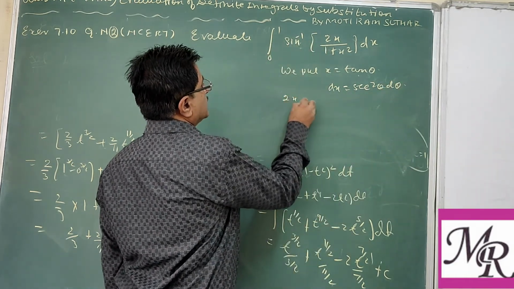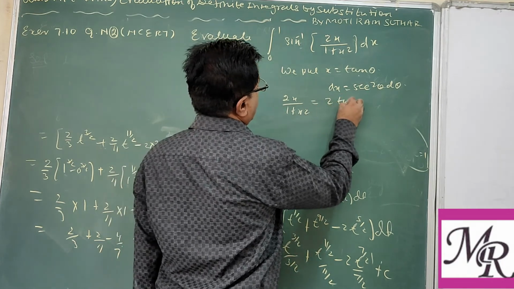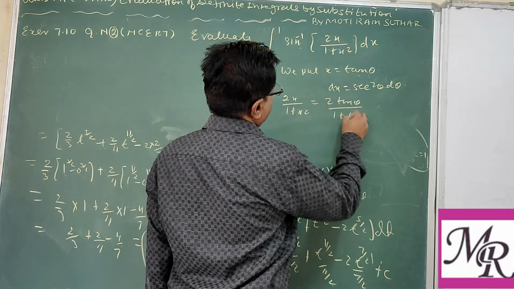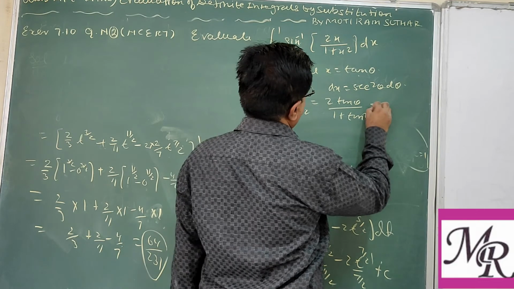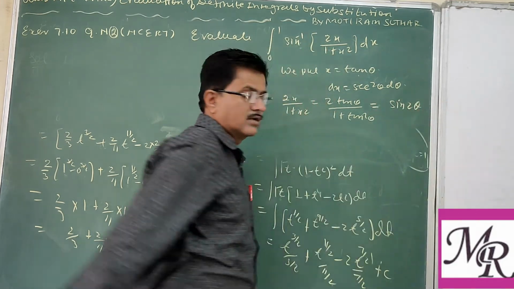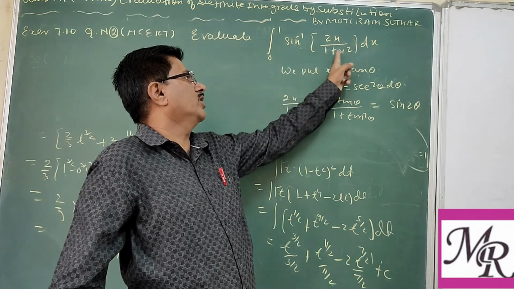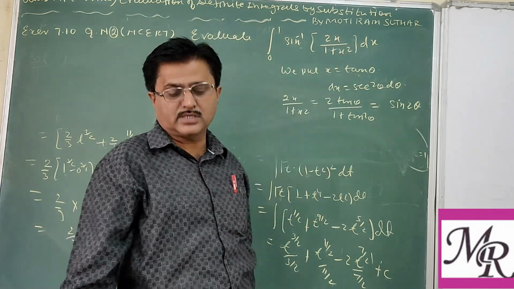So 2x upon 1 plus x square, that is 2 tan theta upon 1 plus tan square theta, that is the value of sin 2 theta. So this bracket's whole value, 2 tan theta upon 1 plus tan square theta, can be written as sin 2 theta.